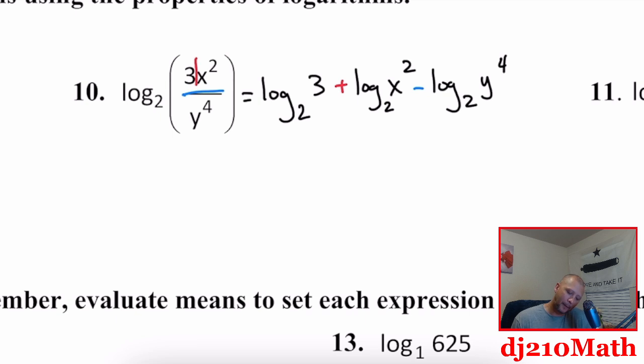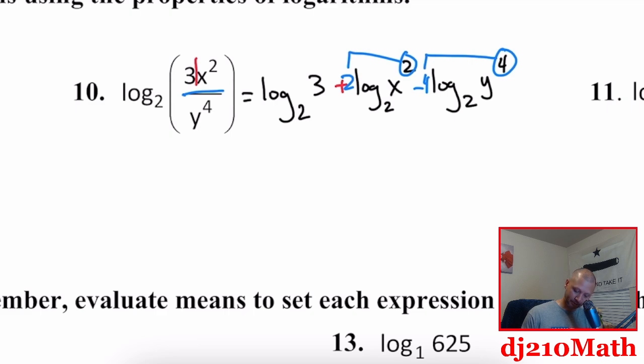All right, so we broke apart, we expanded all the things. The last step is always to bring the powers down, right? That's really a big one, right? 2 comes to the front, 4 comes to the front, right? That's a really big one.